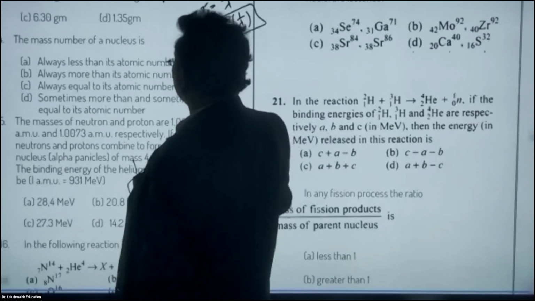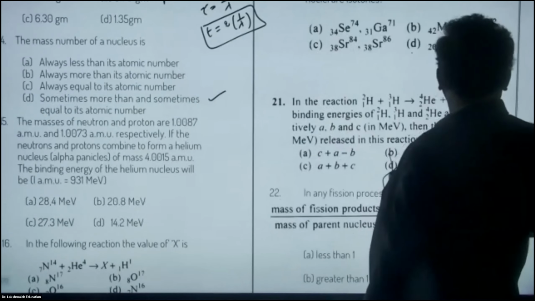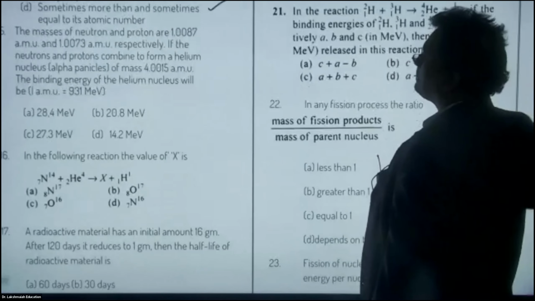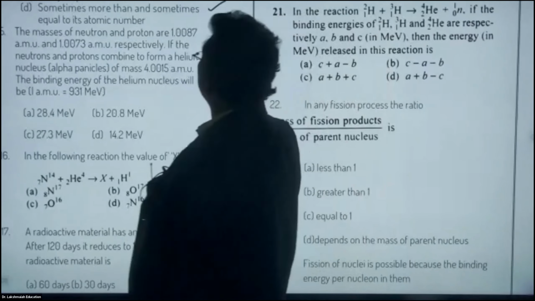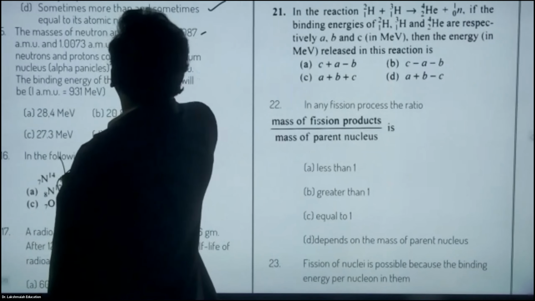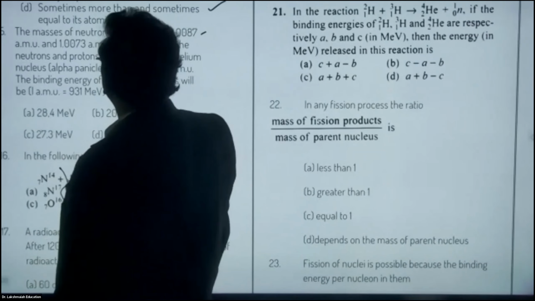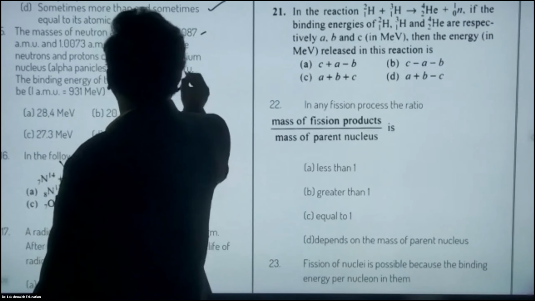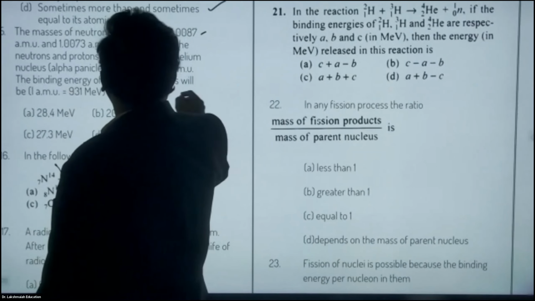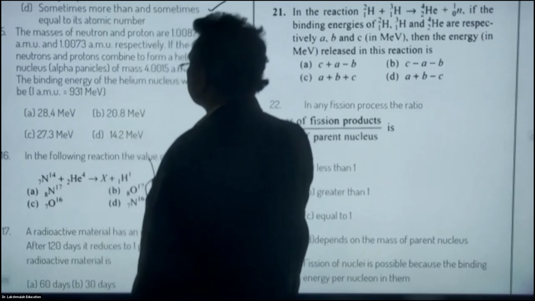15th question. The masses of neutron and proton are given. If the neutrons and protons combine to form a helium nucleus, the binding energy of the helium will be, they are asking. Just now we completed that. What is the answer?